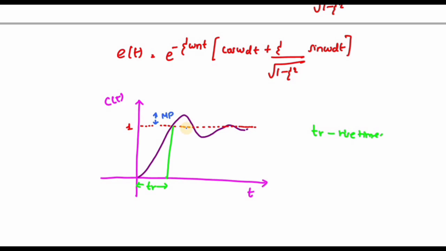The first maximum value it reaches after reaching the 1 is Mp, that is maximum peak overshoot. This blue band is nothing but a tolerance. The tolerance value is 0.05, that is 5% and 2%, so this is the allowable tolerance value.